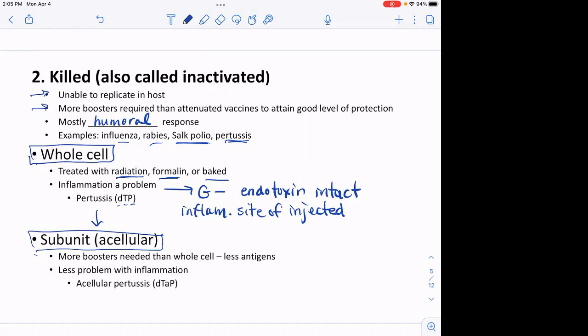So there's no way that can cause disease, but it's enough to kind of train our immune system. The problem here is even more boosters are necessary because there's just not as many epitopes for our immune system to learn how to recognize. So we often have to give more boosters, but the good thing is less problem with inflammation.